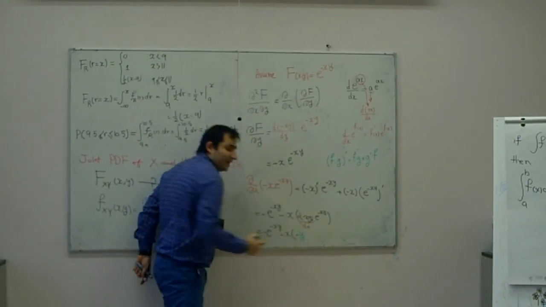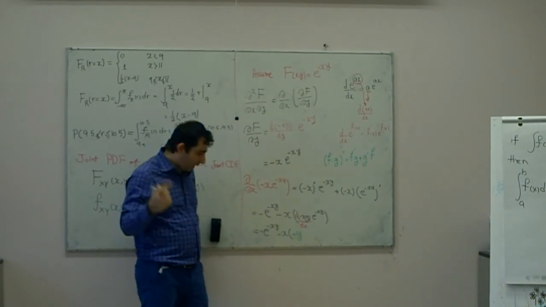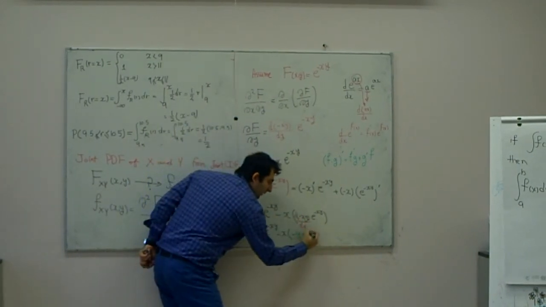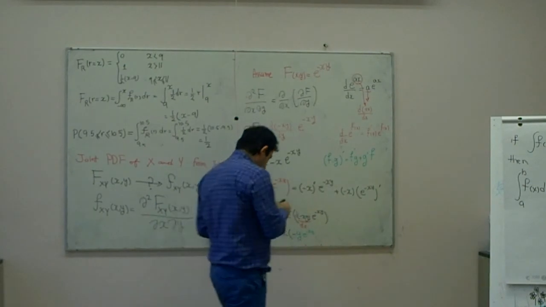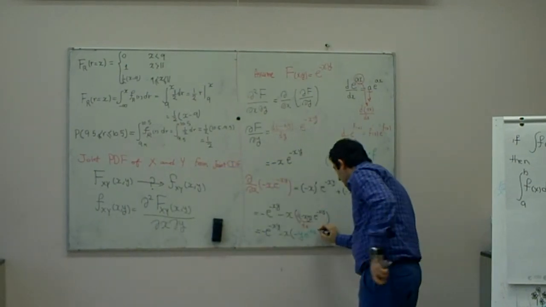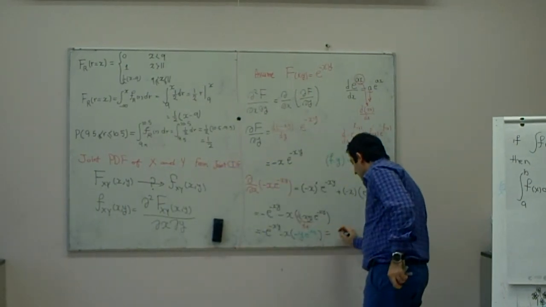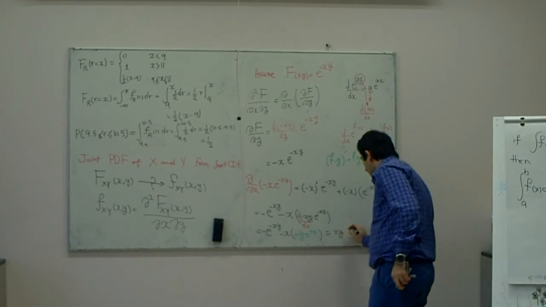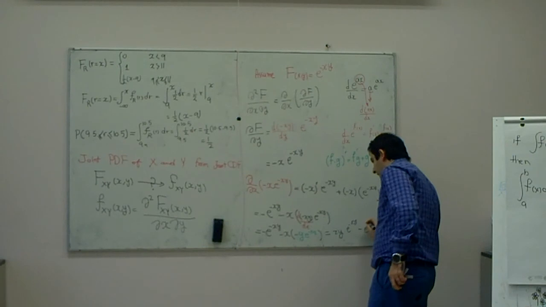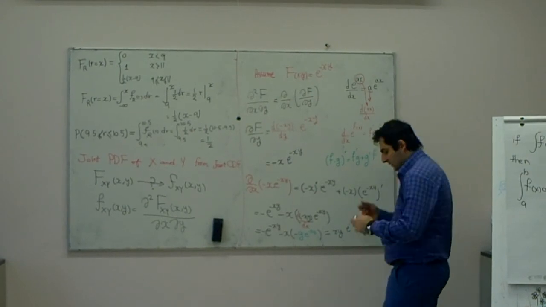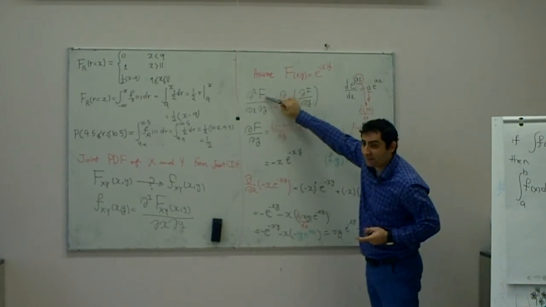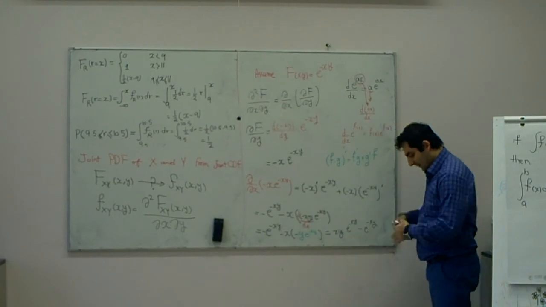What can I say about x? 1, multiplied by e to power minus xy. So if I just simply multiply it, the result will be xy e to power minus xy minus e to power minus xy. So it means the second derivative of f is this expression.